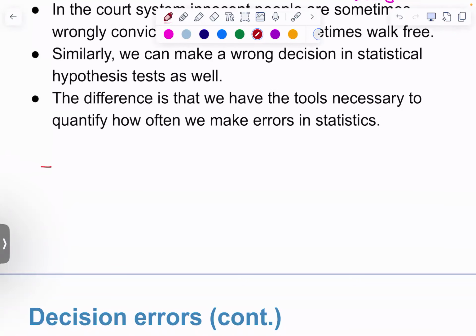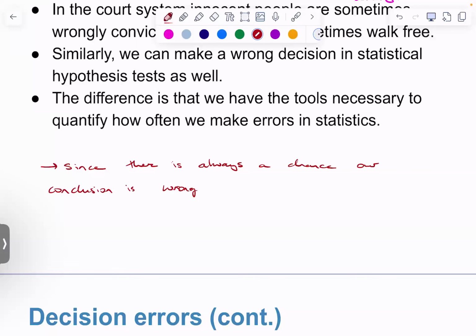I will make a note here in red, so it's important. Since there is always a chance our conclusion is wrong.